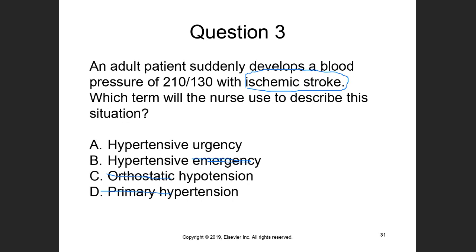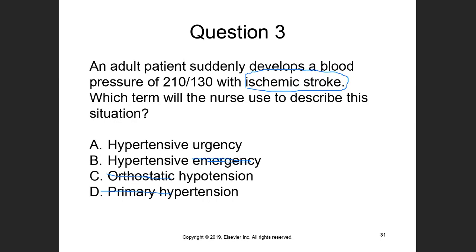And if you do a fundoscopy in that patient, they are going to have papilledema. Papilledema is a sign and symptom of increased intracranial pressure. That's an emergency. Okay, so the other way that you could know if the patient has an emergency or urgency is if the patient has signs and symptoms, okay?